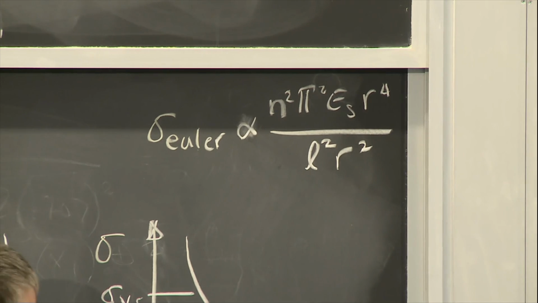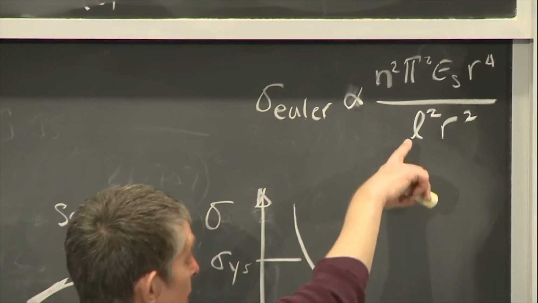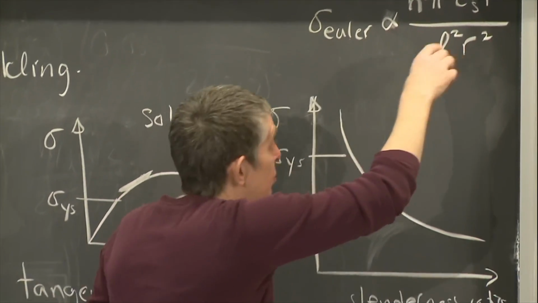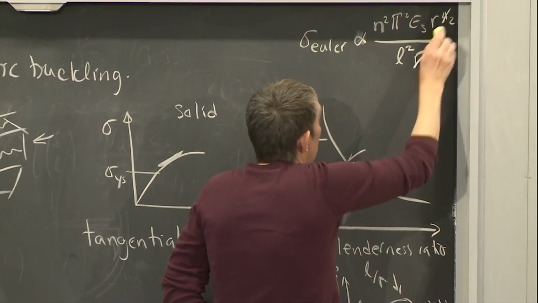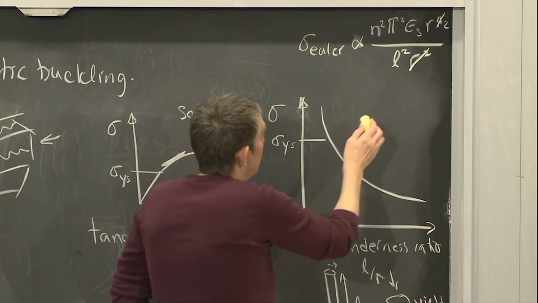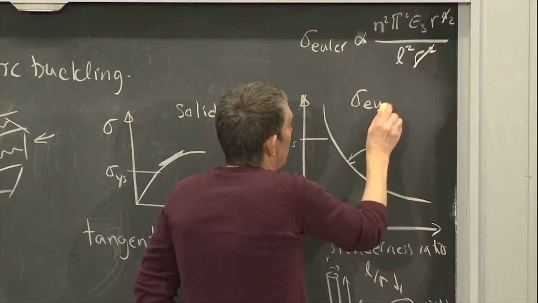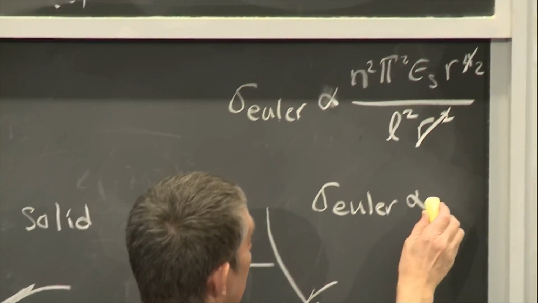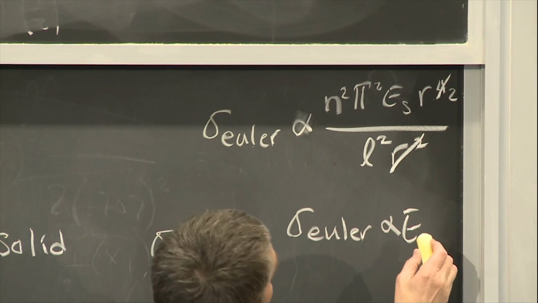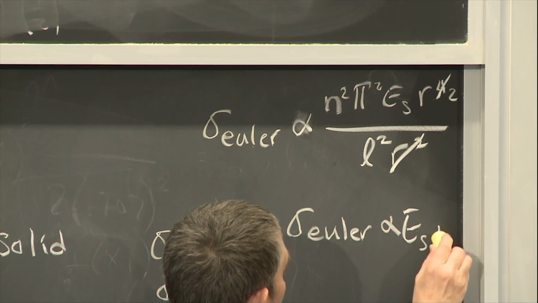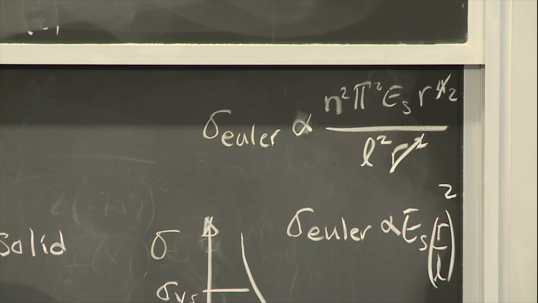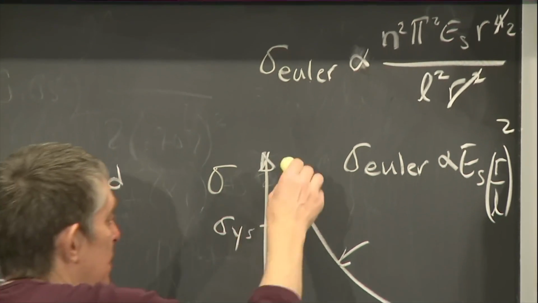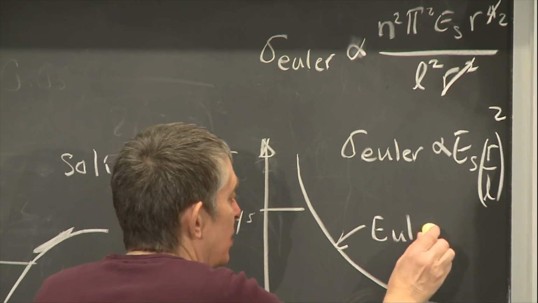So this slenderness ratio, there's going to be an L over r squared term here. So I could cancel out the 4 there and put a squared. So sigma Euler is going to go as E S times r over L squared, like that. And so this is the Euler buckling stress here.